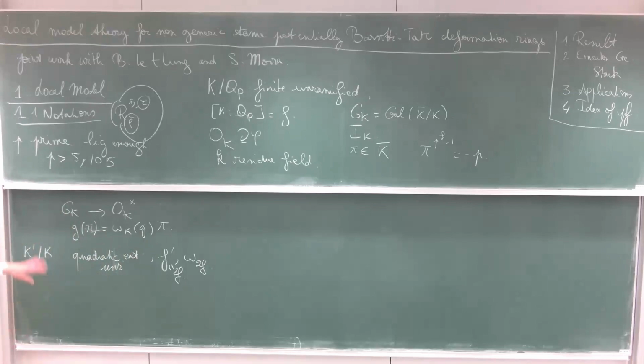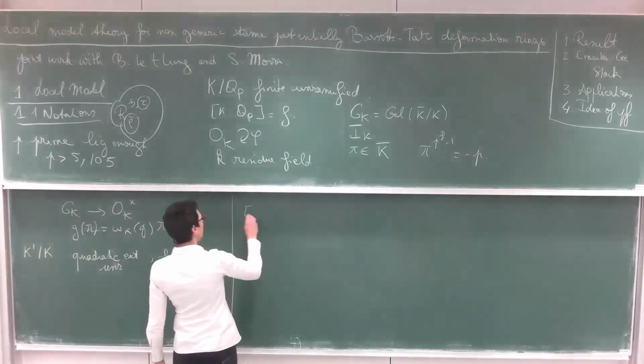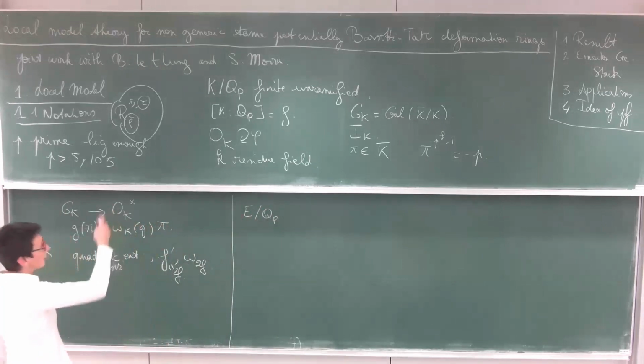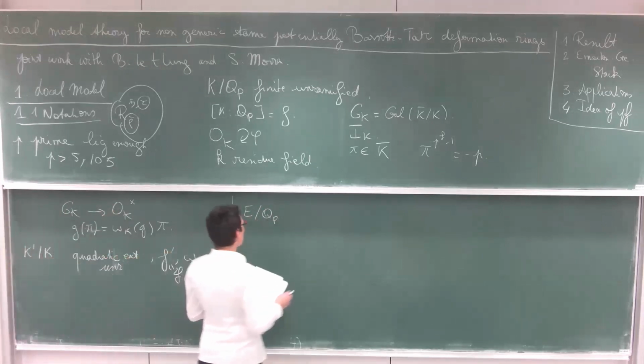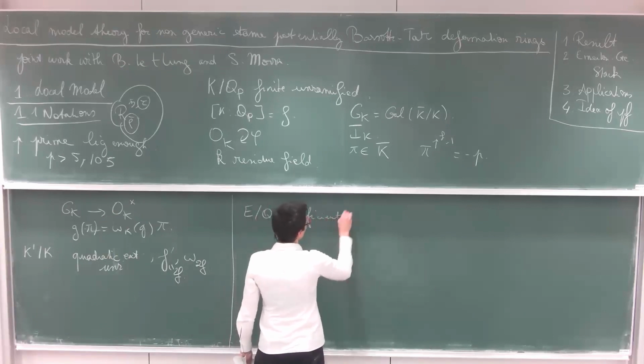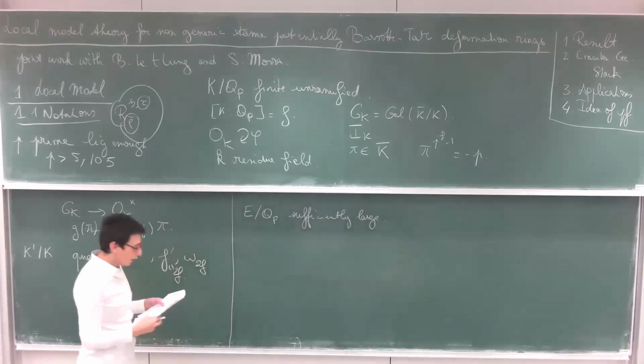So this is my field K, and I need a second field E, which is another finite extension, but I assume that this extension is sufficiently large, but finite.